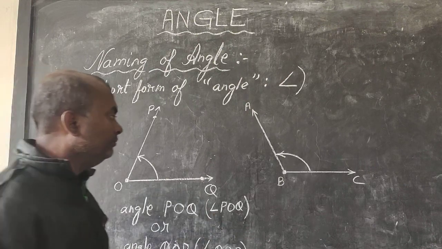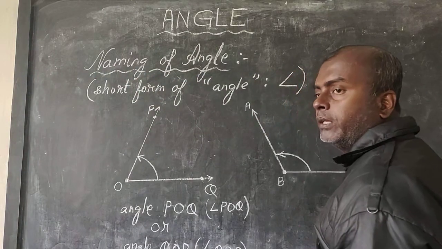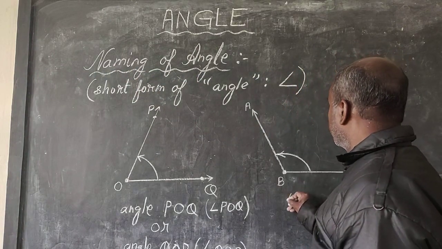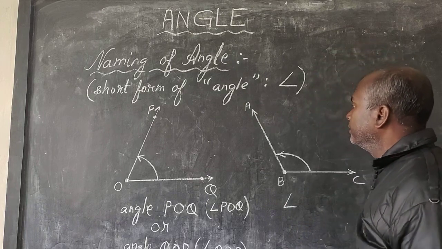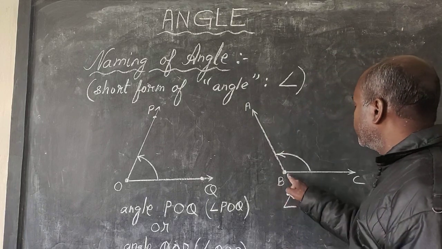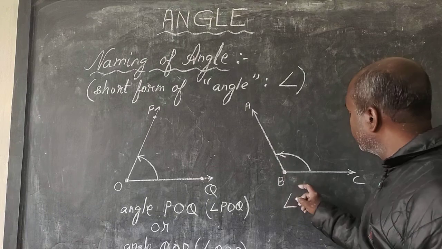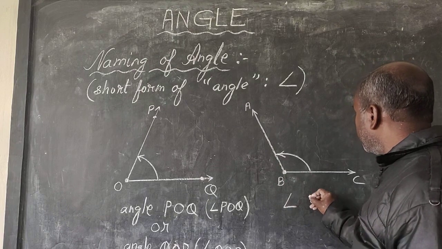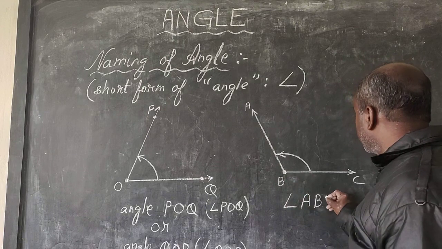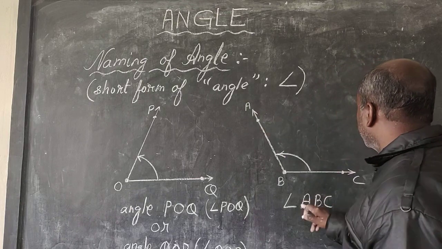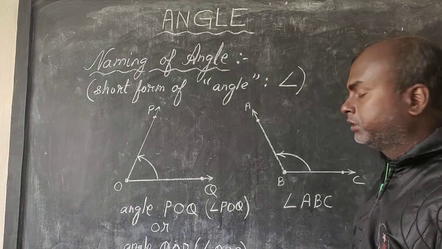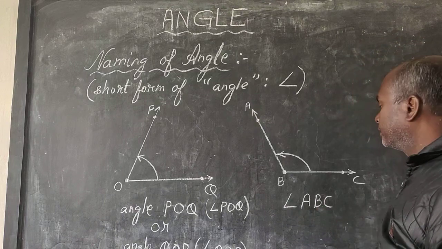Okay, so how do we write the name of this angle? First we give the angle symbol instead of writing the word angle. And how do we name the angle? Which is the vertex here? B. So B will be in the center. And the other 2 points, okay, here also you can keep points. The other 2 points will be on the corners, either on the left or on the right.